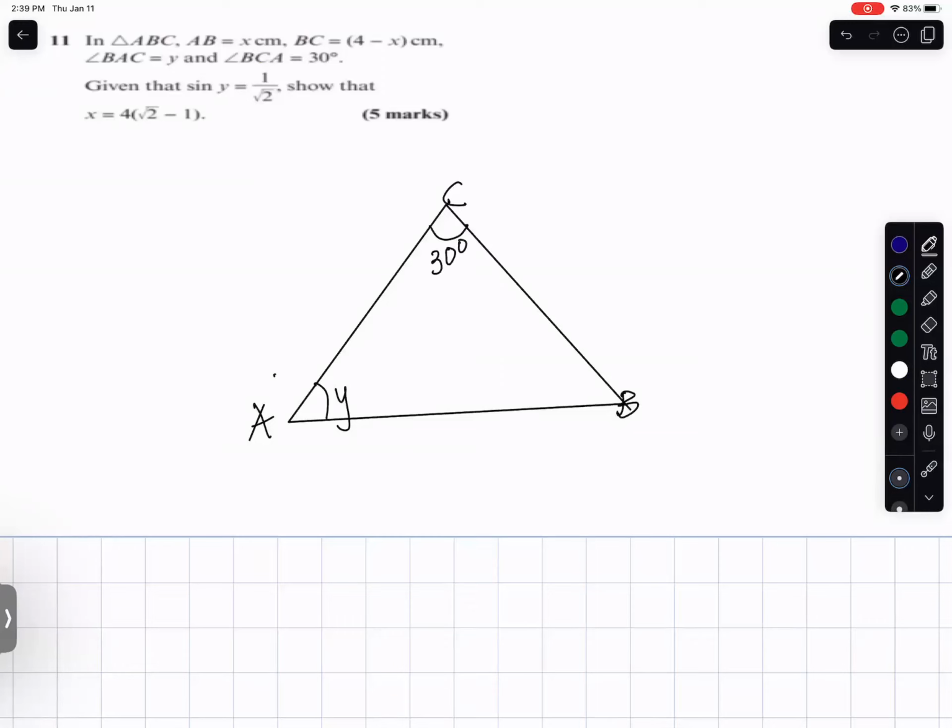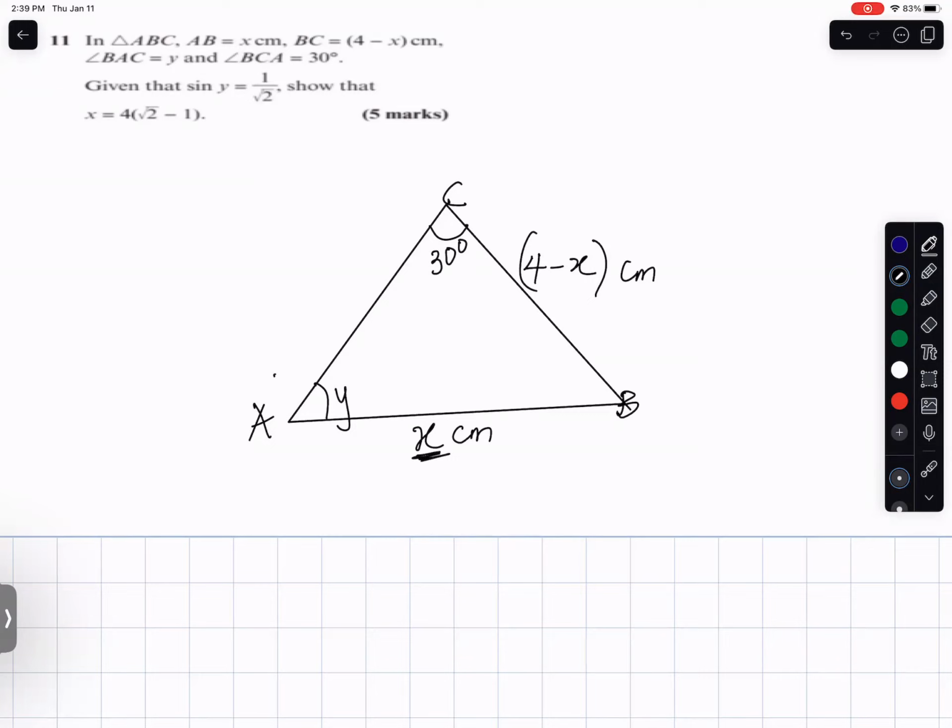Okay, then we have BC as 4 minus x cm. Then we have AB as x cm. So we are asked to show that x, this is our x here, equals 4 root 2 minus 1.